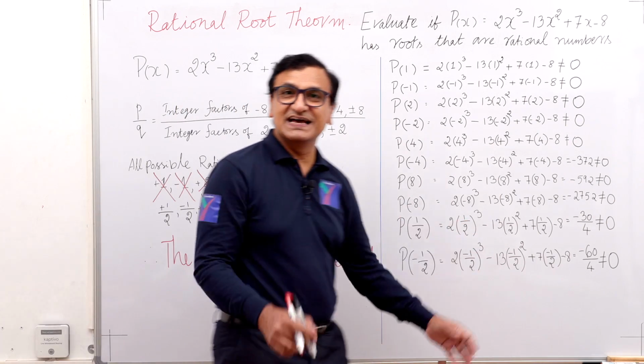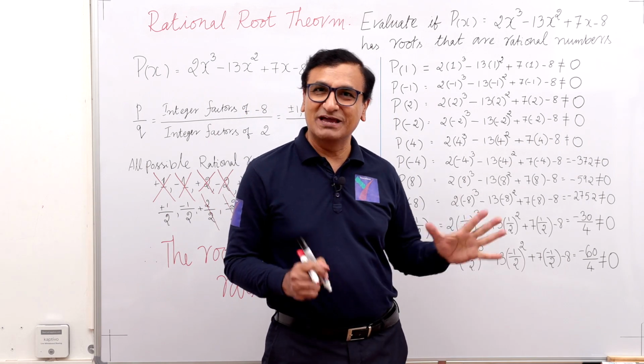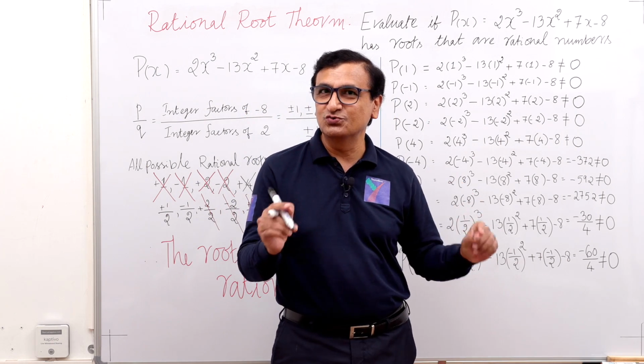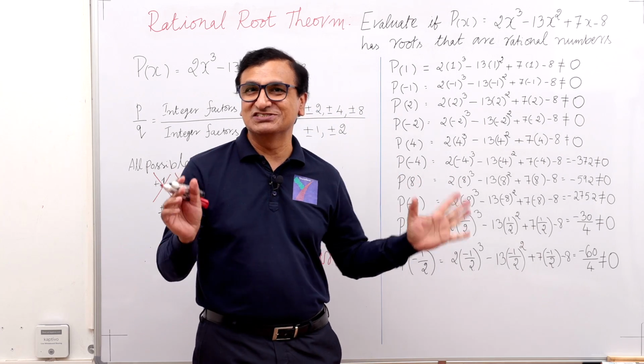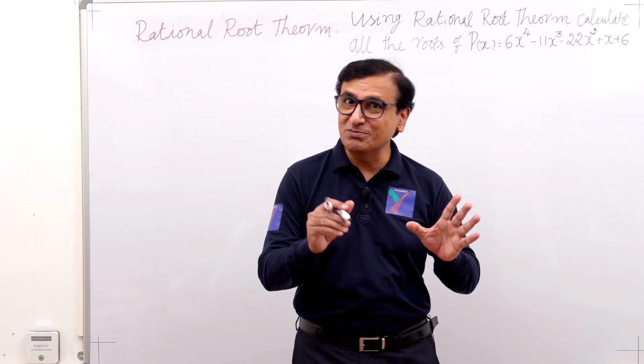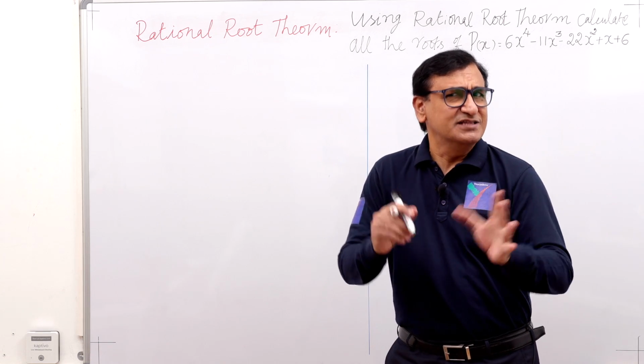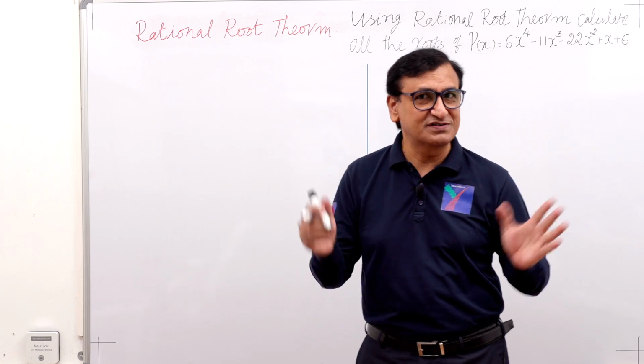Okay, next we will see another example where we will get rational roots. And we are also going to show you polynomial long division. Did I say some time back that the rational root theorem is not a method to calculate roots of the polynomial, but it only tells you whether the polynomial has rational roots or not, correct?